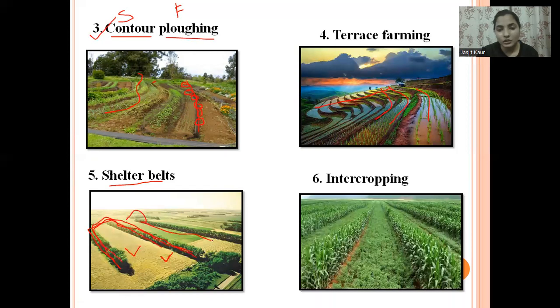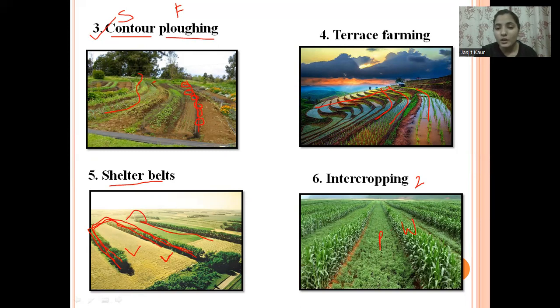And then we have the intercropping method. In this method, two crops are grown together, like we can grow wheat and we can grow peas along with it. As we know, wheat is grown in winters and harvested in summer. When the wheat is harvested, we have one crop that is grown for a longer period of time.